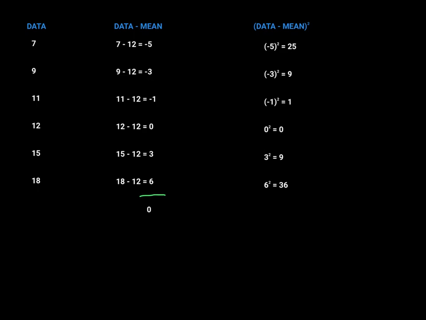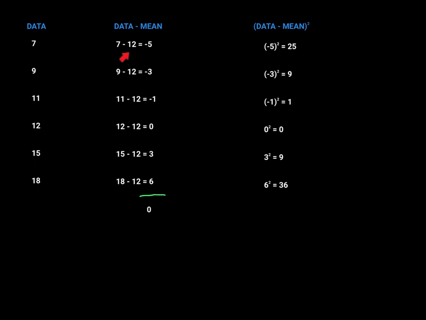But if you use an approximation for your set of data for the mean, then the sum of all these differences may not be 0 because you used an approximation for x bar. But it should be really, really close to 0, okay?